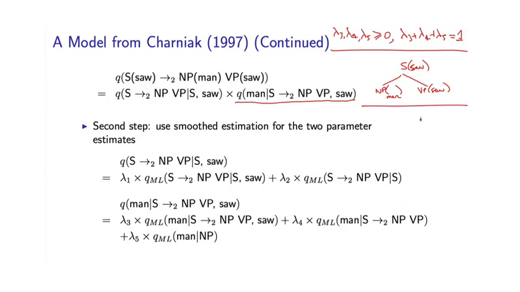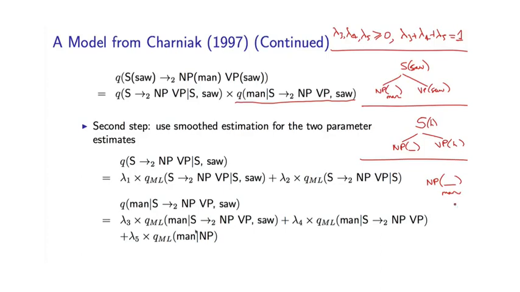At the second level, I throw away the word SOR and simply say, given I have this structure and I have some head word here, any head word, what's the probability of seeing man in this position? The final level down here is, given I have an NP, what is the probability that I have man as the head word of that NP?